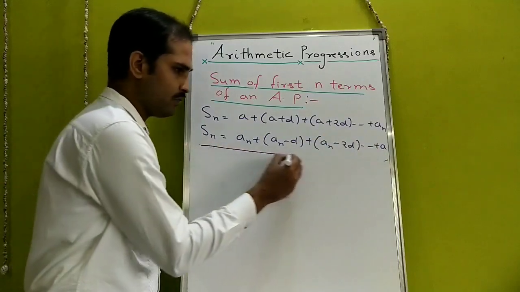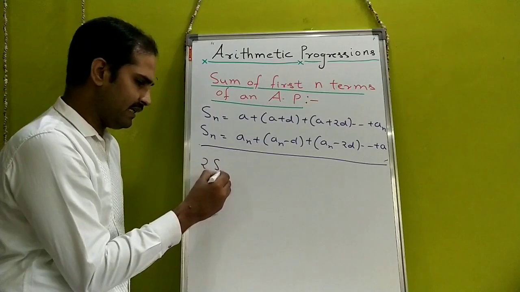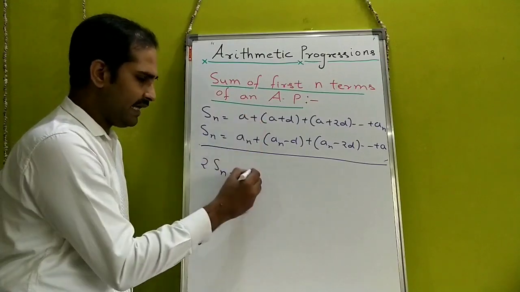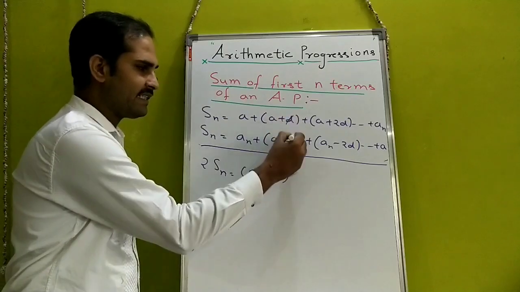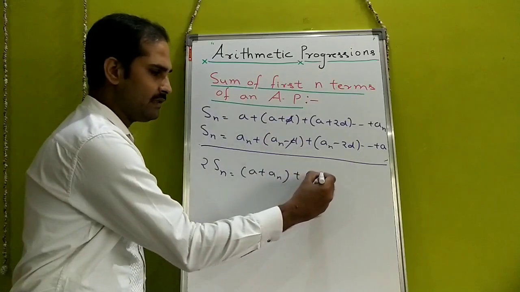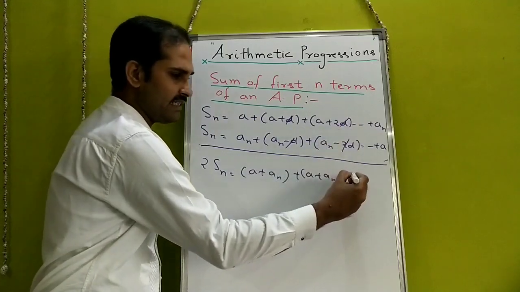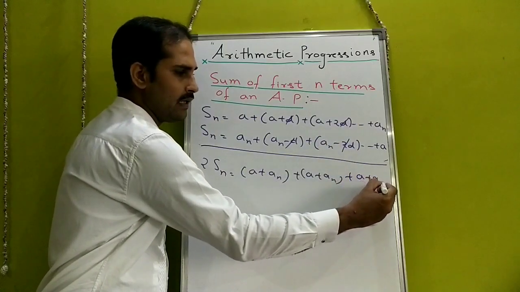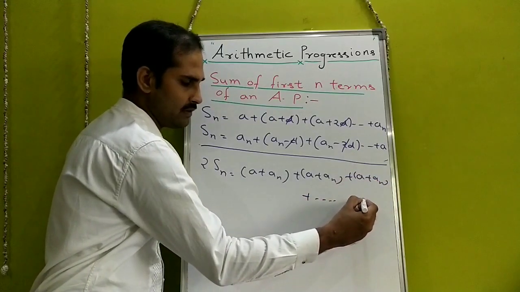Now add these two. By adding, the left side is 2 times Sn. Now a plus an, then d and d cancel out, again it is a plus an, then again 2d cancel out, again it is a plus an, and in the similar way it comes n times.